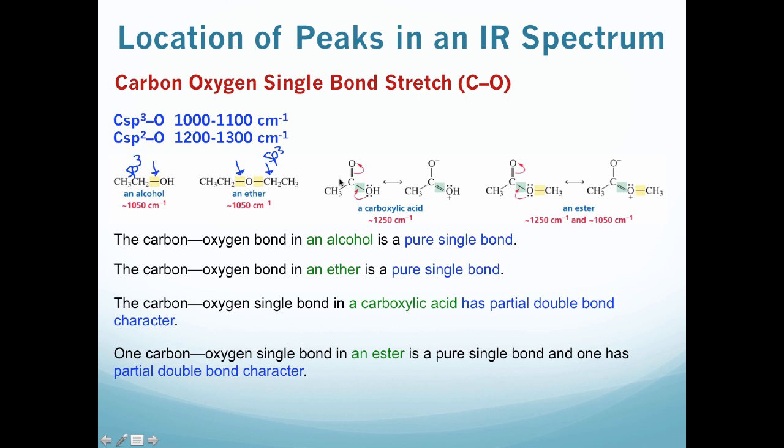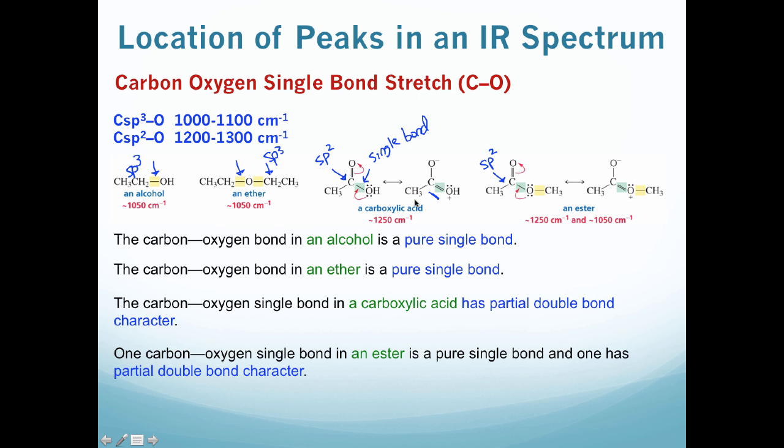But now if we move to an sp2 hybridized carbon, such as that in carboxylic acids and esters, we've already talked about the carbonyl, but now we're concerned with the carbon-oxygen single bond stretch. Once again, we can think about resonance. By resonance, this single bond actually has some double bond character that you can see over here.